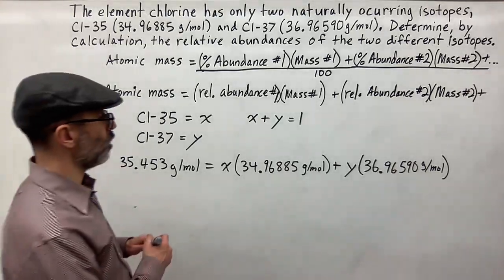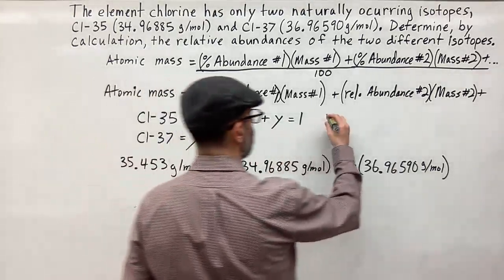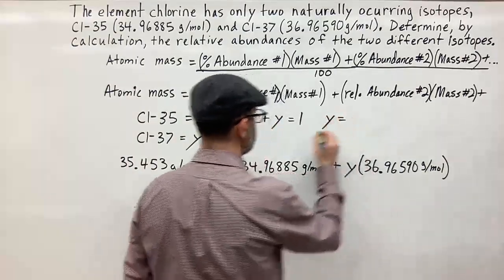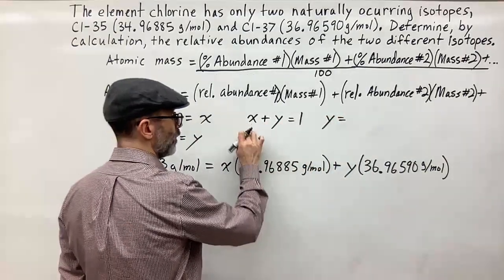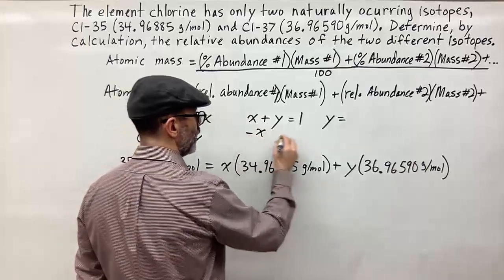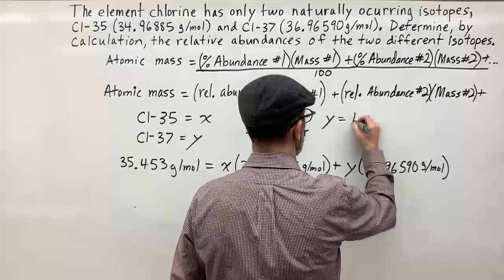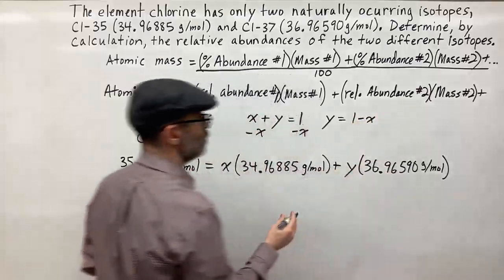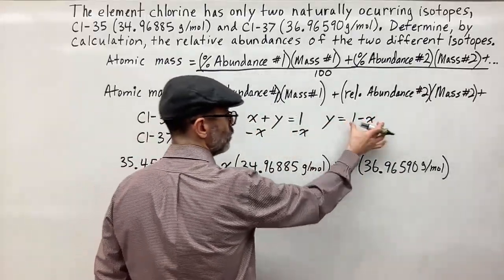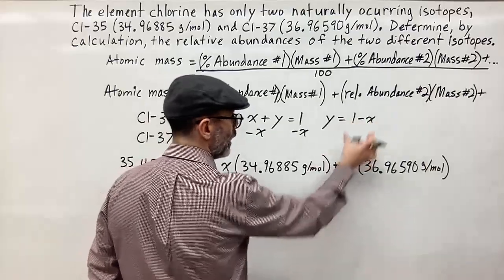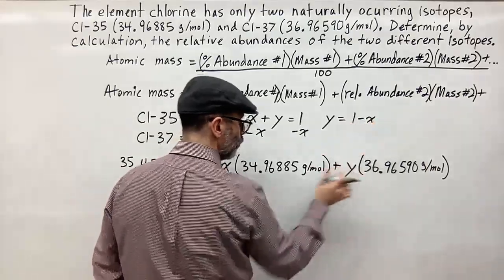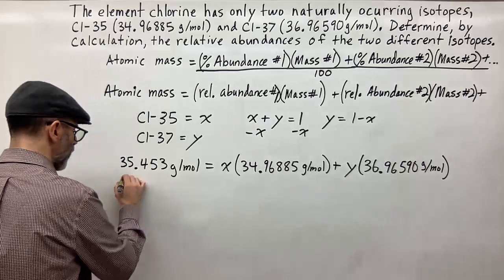So I'm going to solve for Y. So here, if we solve this for Y, Y is equal to, so we're going to bring the X over, so minus X. So then Y becomes 1 minus X. So now that we know that Y is equal to this, I can take Y and I can substitute this in for Y.